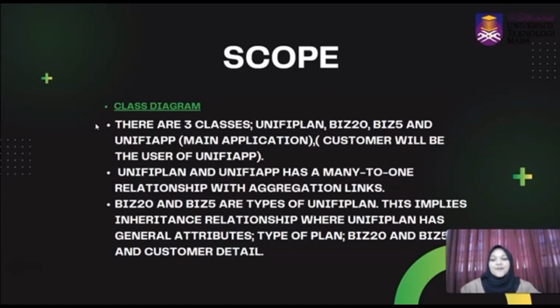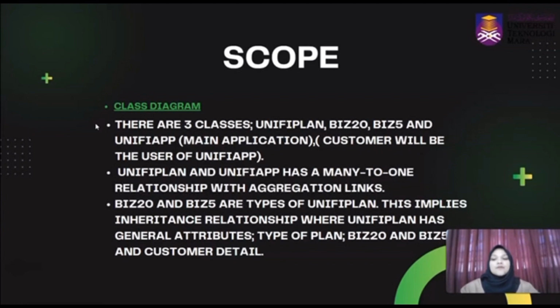And Unified Plan and Unified App have a many-to-one relationship with an aggregation link. It is a part-of relationship where Unified Plan is the whole and Unified App is the main application. So, plans with detailed information can be purchased by many customers, one customer only, or no customer at all.